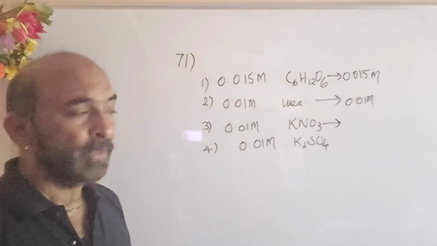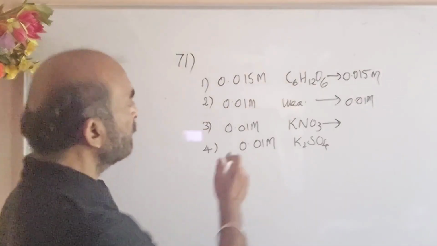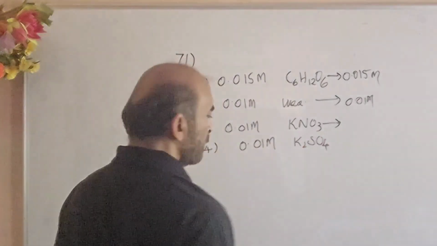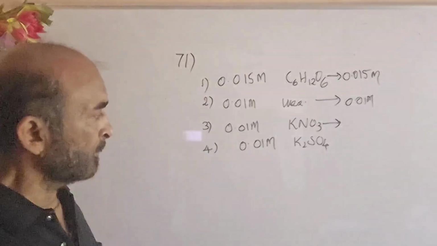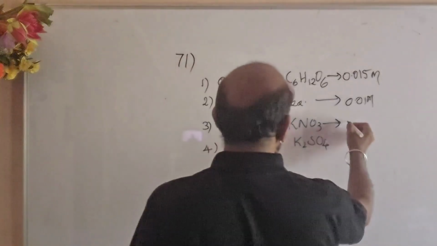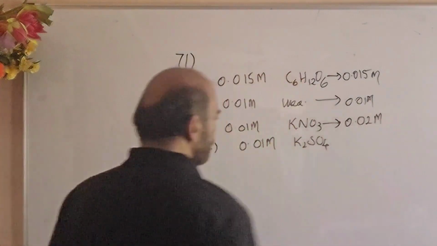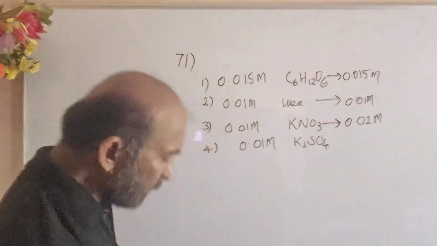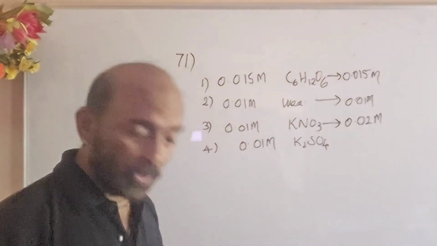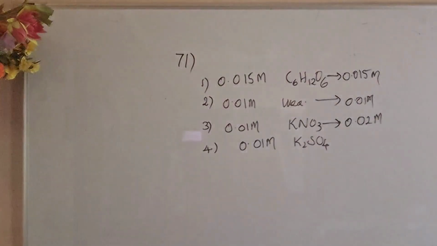So each molecule will furnish 2 ions, one K plus and one NO3 minus. So we expect the particle concentration to be doubled. 0.01 molar will produce 0.02 molar ions.